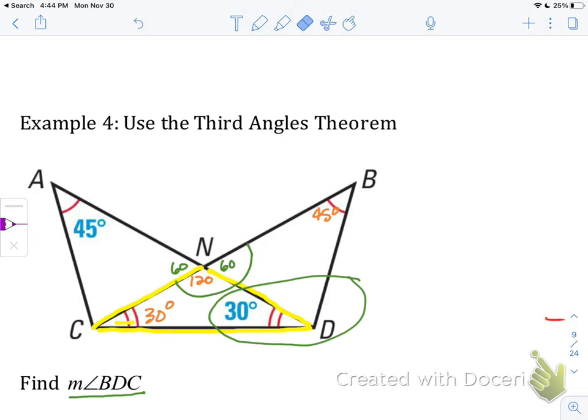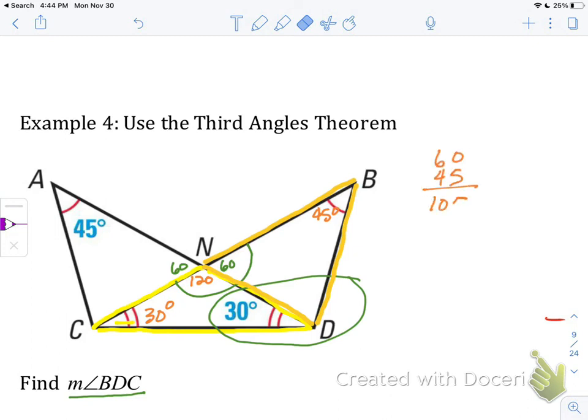So how about if I take my color and make this orange, and I can say that this is the orange triangle. Do you see how the orange triangle is missing an angle? It's just missing the angle that we need, because if we know that one, we can add the 2 angles together and we'll be set. So let's see what we have so far in the orange triangle. We have 60 plus 45.